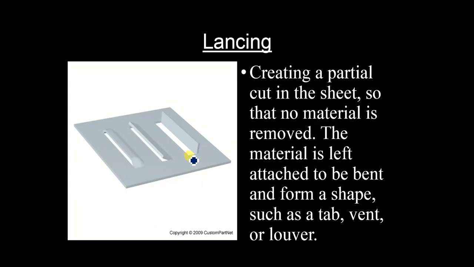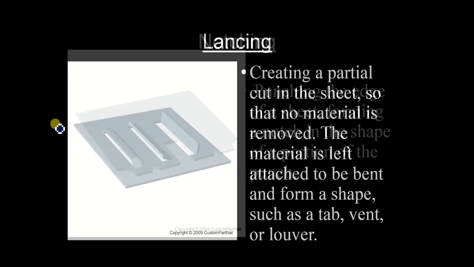We can call this a tab over here, and this is the vent, and this is the louver. You can see over here. I believe I'm pronouncing it correctly. So this is the tab, vent and louver. This is a kind of lancing process. We are not having any scrap material. We are just cutting it and applying some operation on it, that is bending it. Clear? So I'll just go to the next slide.